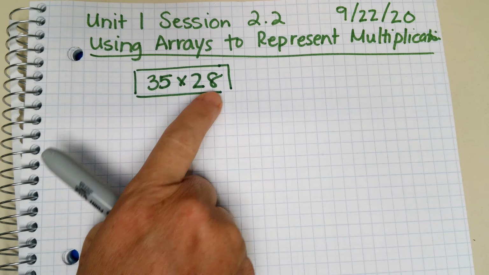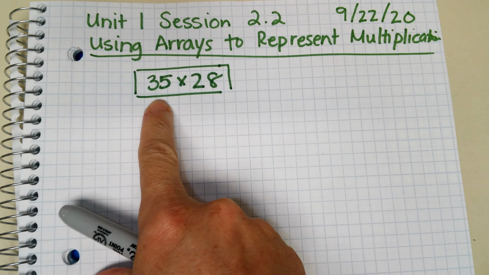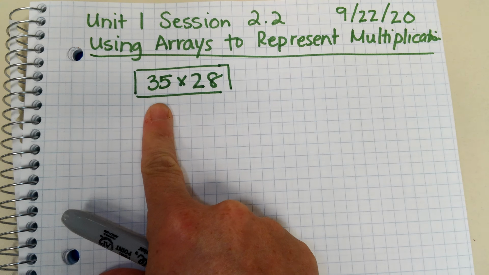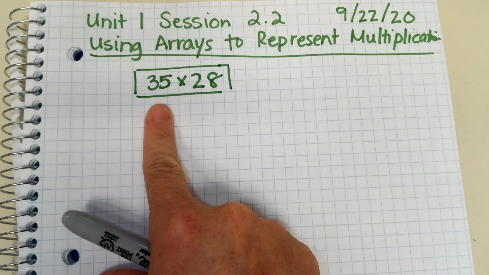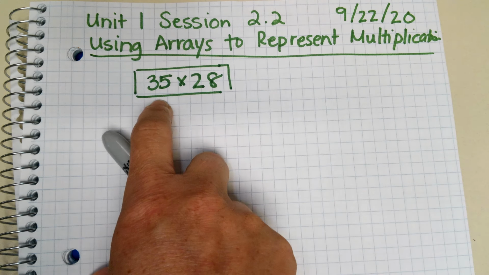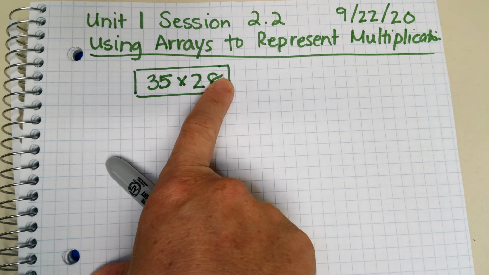I look at these numbers and I notice, oh, these are tricky ones for me to multiply mentally. So I'm going to break them down a little bit differently. I'm going to show you guys how I'm going to do that.